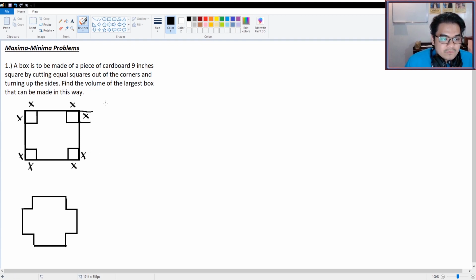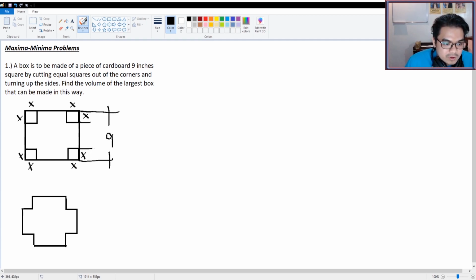Don't forget that this is a 9 inch square, so the size of this whole side is 9.